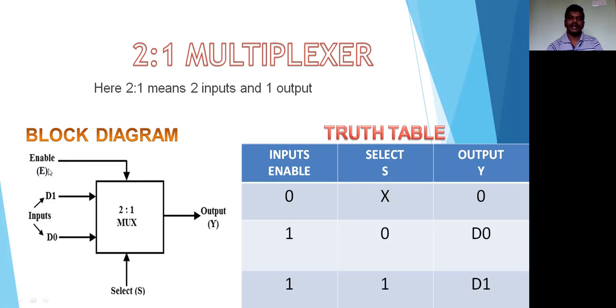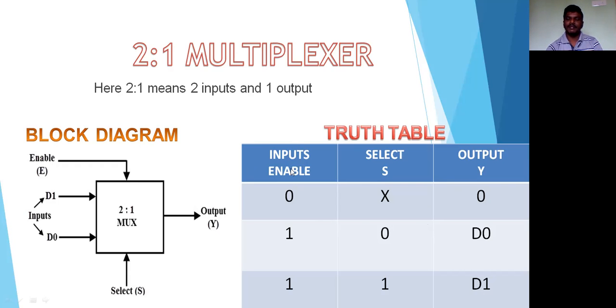Depending upon what kind of enable we are using, this mux will be in the working condition or in the non-working condition. For all the mux, I have taken active high enabling. That is, the mux will work when the enable signal is high. In the other case, that is when enable is 0, the mux will not be working. That you can see in this truth table.